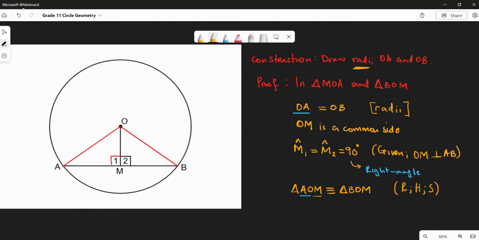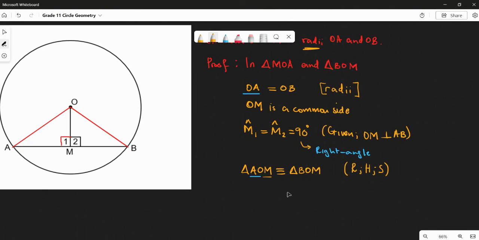That's why we say R for the right angle, and H for the hypotenuse, and S for a common side that we have proven there. But also, we are not limited to this, but let me not use it for now. We'll use it at some other time. Then, from this, we are saying that the two triangles are exactly the same.